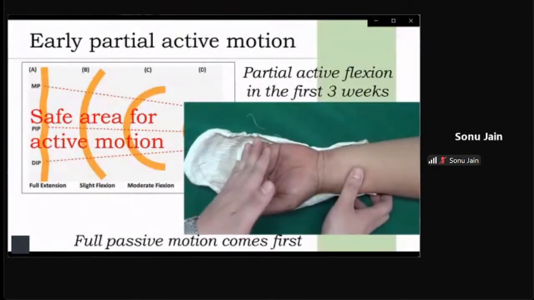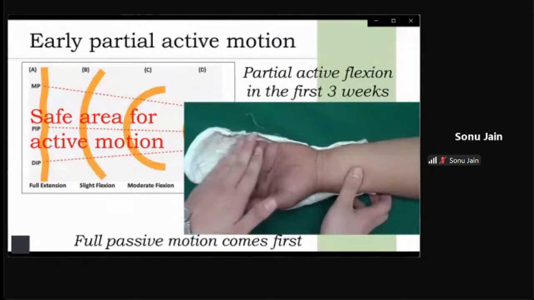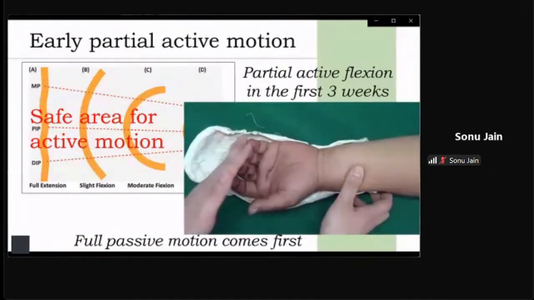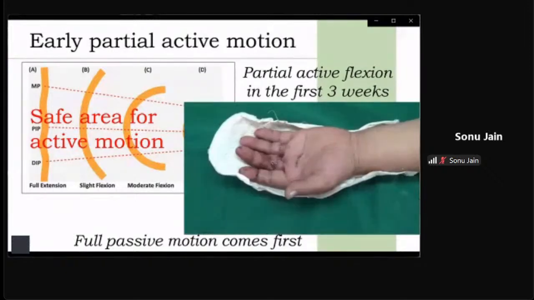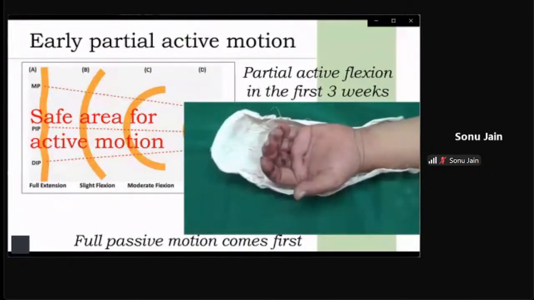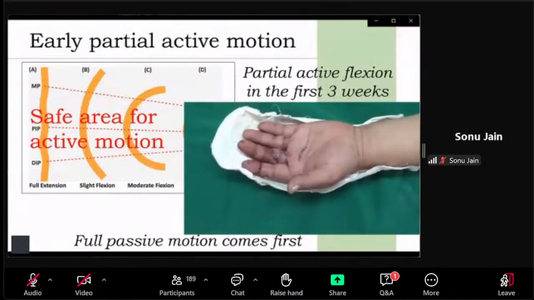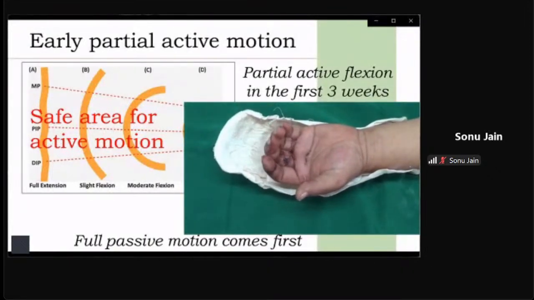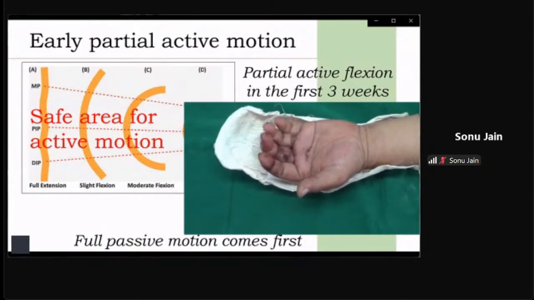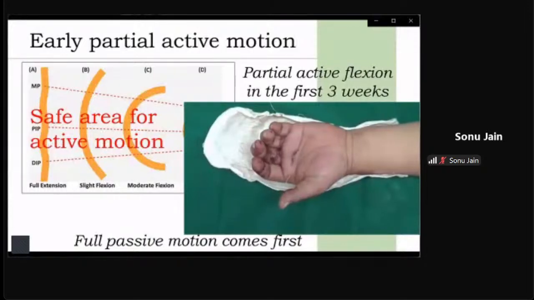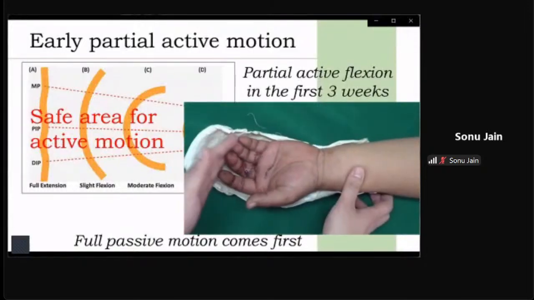You can see how I do the motion. First, do the passive motion, the full range, to decrease joint stiffness. Then you allow the patient to actively move only up to the half, avoiding extreme flexion. This makes the repair site move, but does not risk it with a full fist.